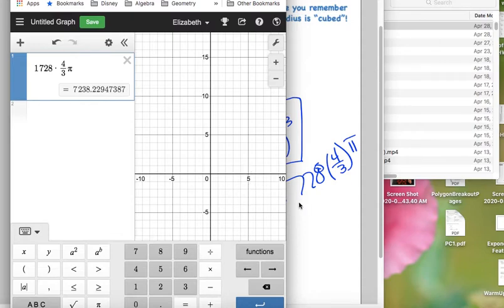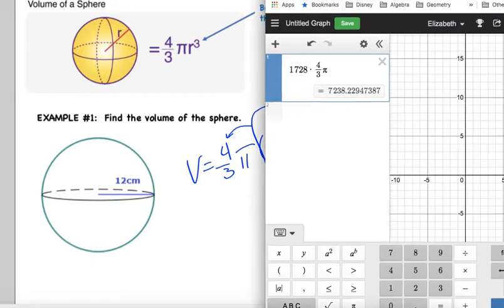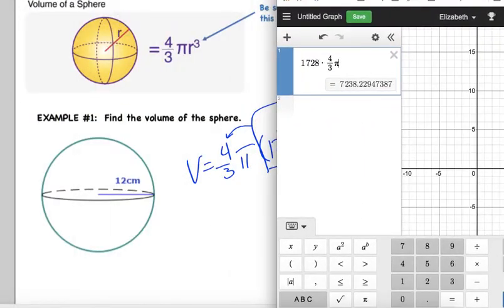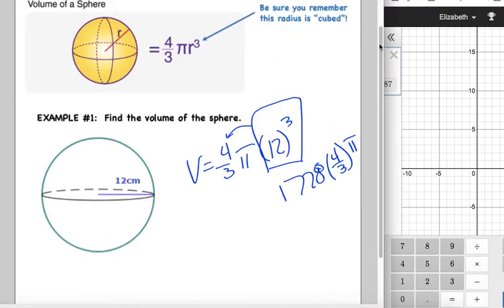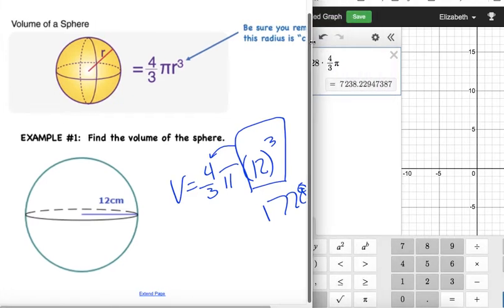So 7,238.2. And that's centimeters cubed.